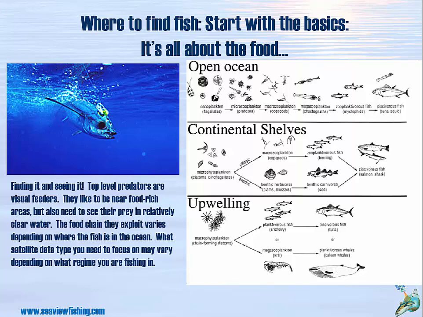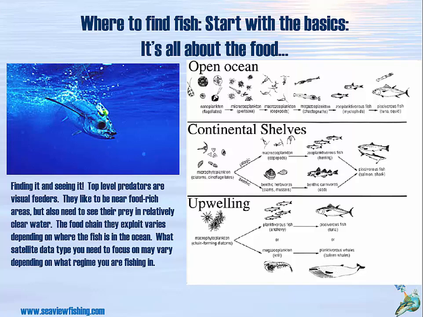The food chain that they exploit will depend on which oceanographic regime the species are living in, on the shallower continental shelf region, out in the open ocean, or in the coastal upwelling zones usually just outside of the continental shelf region. It is important to understand your target species' food source and just how these bait fish and other types of forage concentrate in the different oceanographic regimes.